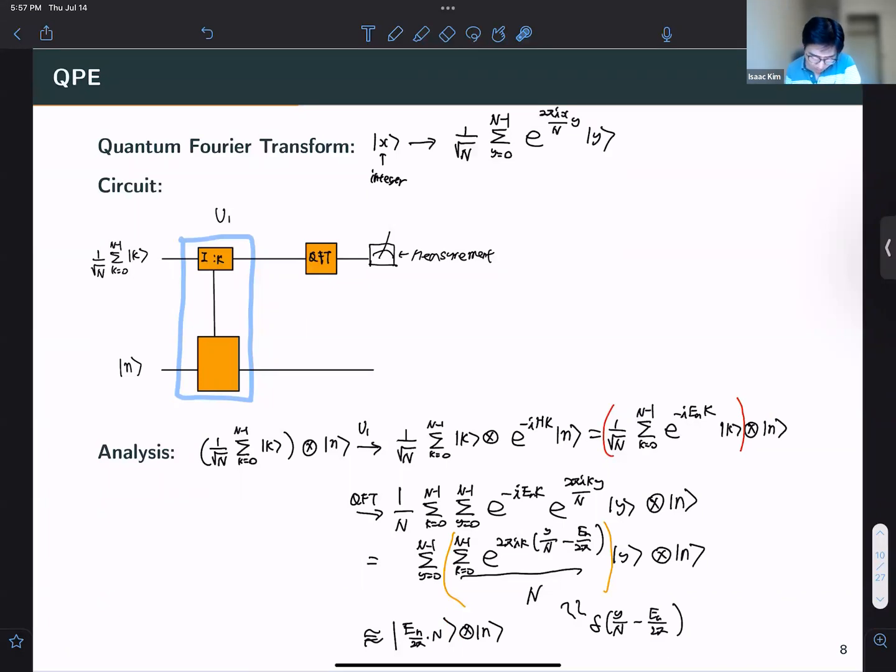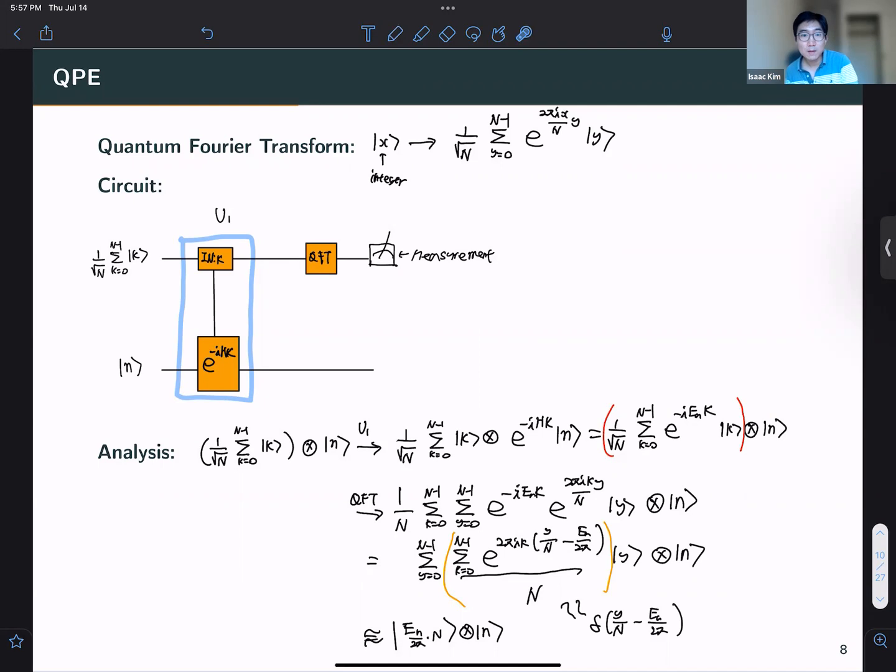So what we saw is that by running through this circuit, some of these gates were removed. So in any case, coming back to where we were, by running through this circuit, we realized that if we perform this measurement, what we're going to measure with high probability will be some constant times the eigenenergy of this state n.